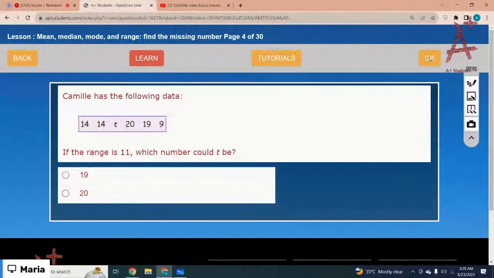Camel has the following data. If the range is 11, what number could T be? A range of 11 means the difference between the greatest number in the data and the smallest number in the data, right?